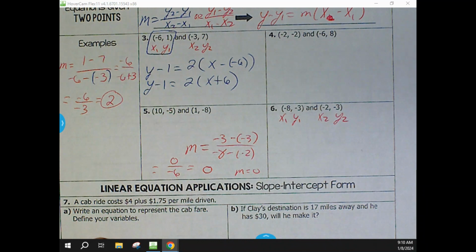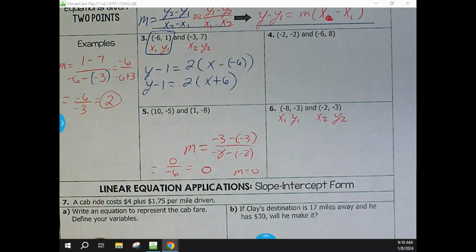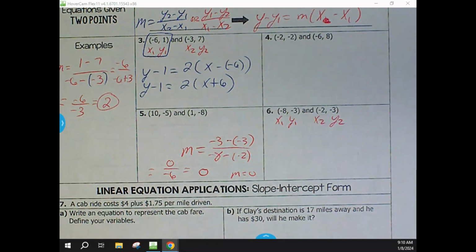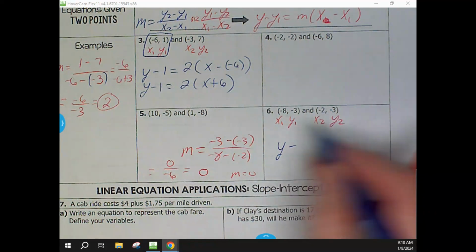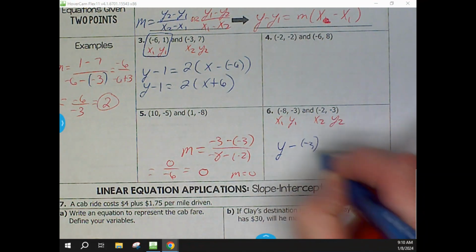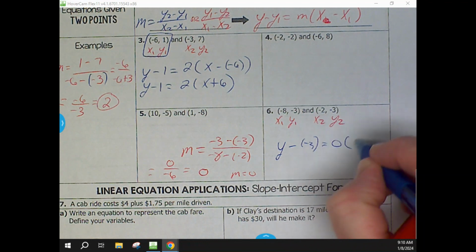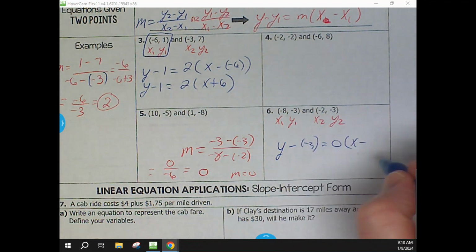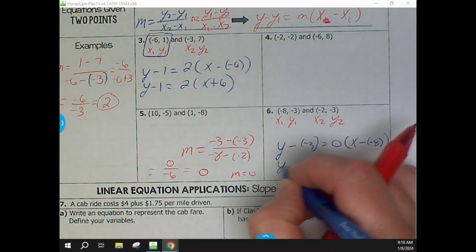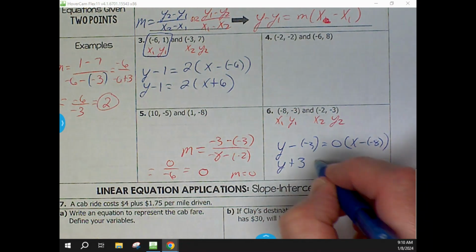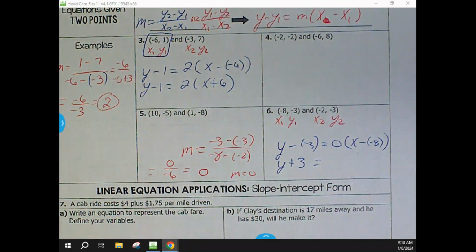You may go, what does that do with our equation? Well, let's plug it in and see what happens. So if you plug this thing in, so now we've got y minus, and again, y1 and y2 doesn't matter. It's still going to be -3 in this case, equals m times x minus -8. So it's y plus 3 equals, what happens when you do 0 times anything? 0, right?